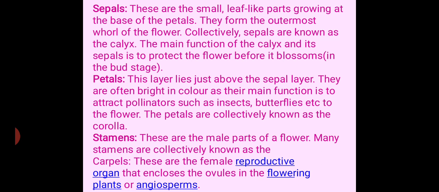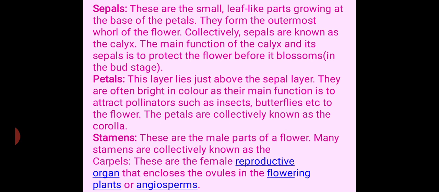Petals. This layer lies just above the sepal layer. They are often bright in color as their main function is to attract pollinators such as insects, butterflies, etc. to the flower.